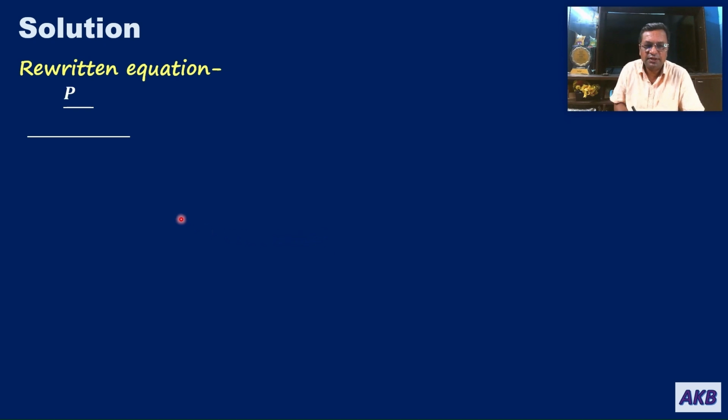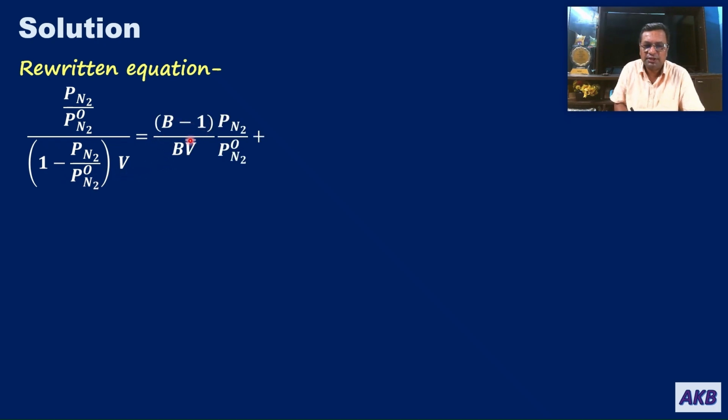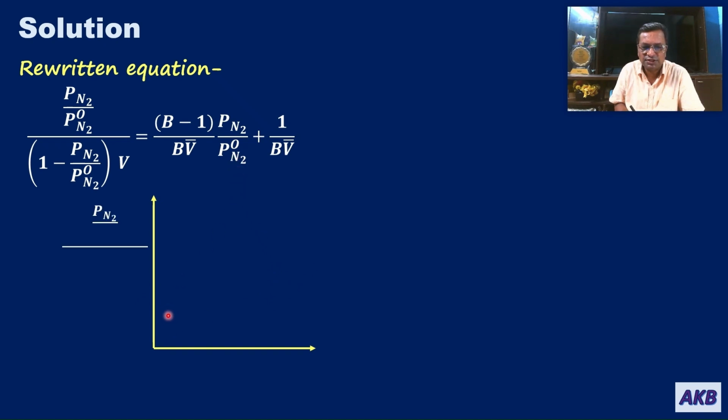So now the rewritten equation is Pn2 by Pn2 naught divided by 1 minus Pn2 by Pn2 naught into V is equal to B minus 1 upon B into V bar into Pn2 by Pn2 naught plus 1 upon B into V bar. This equation is going to represent a straight line.